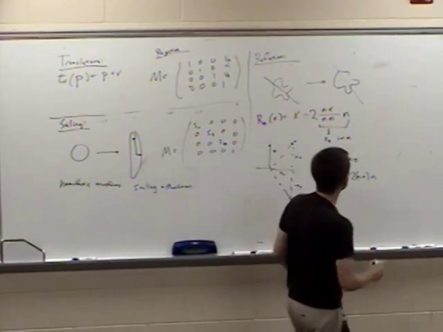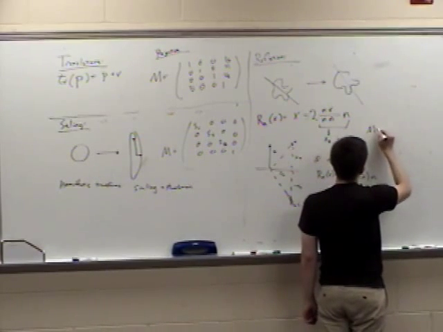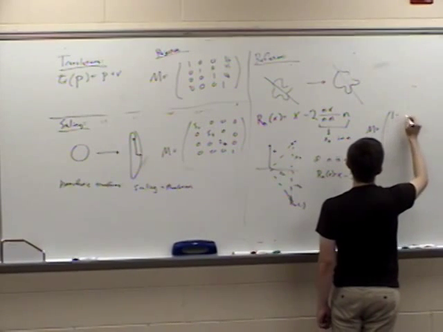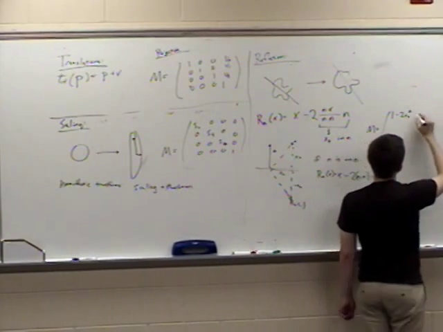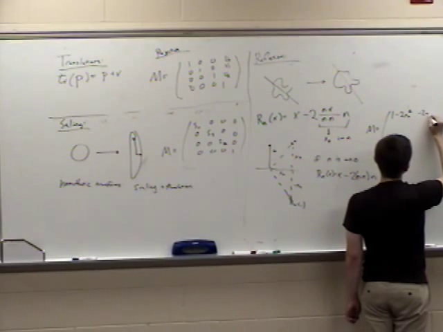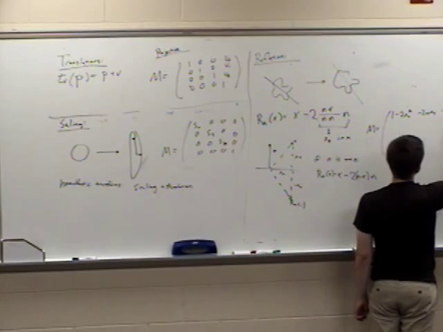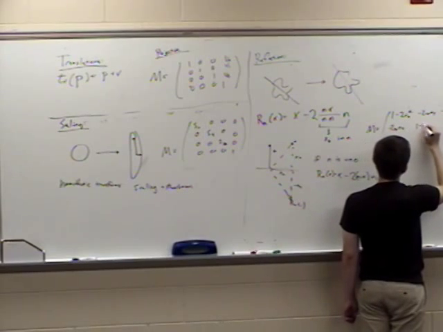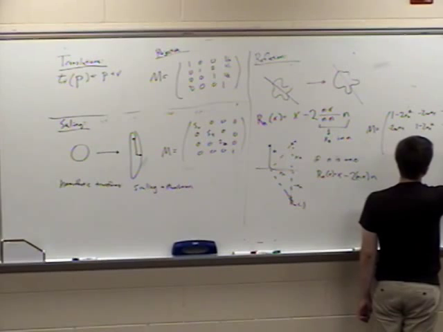Now in matrix form, we can just expand out the components of this whole thing, right? Which is pretty straightforward, a slightly tedious operation. But it's going to be 1 minus 2 times the nx component squared, minus 2 nx ny, minus 2 nx nz, minus 2 nx ny, 1 minus 2 ny squared, minus 2 ny nz.